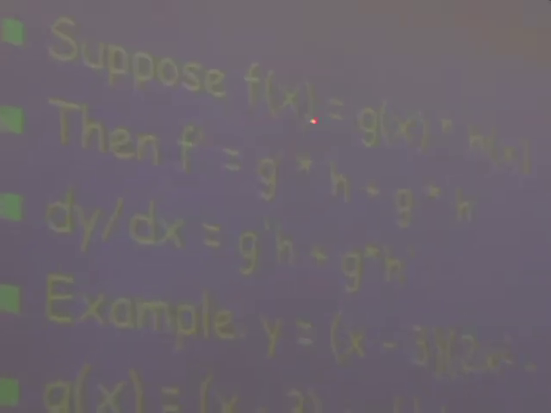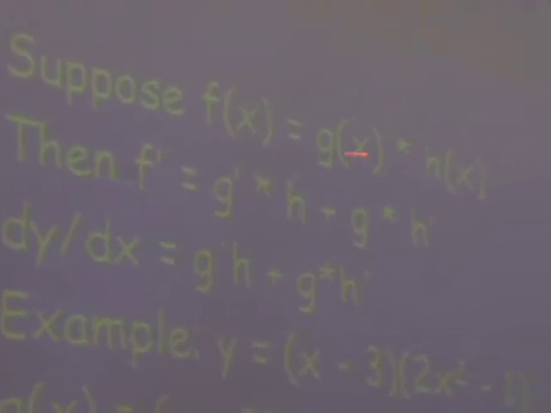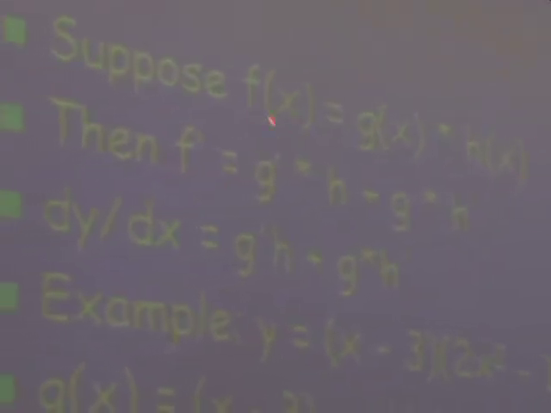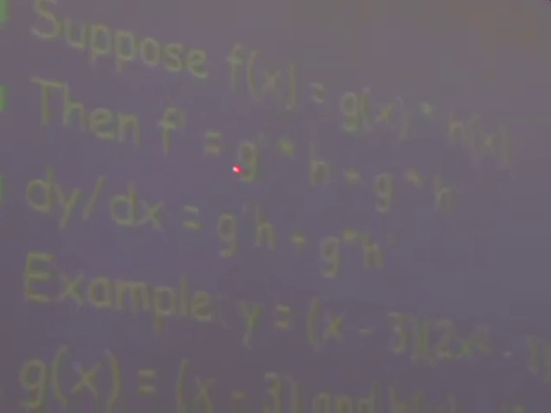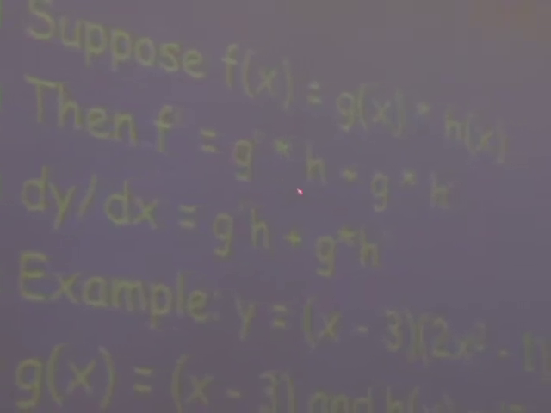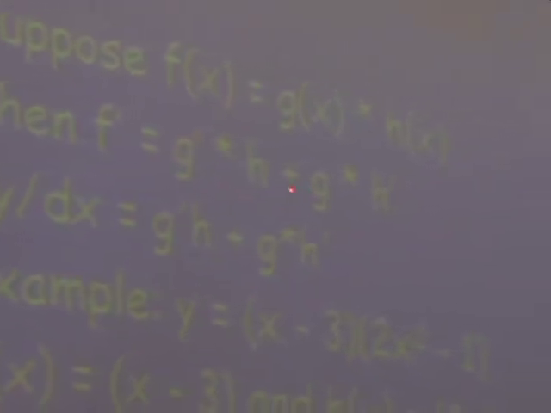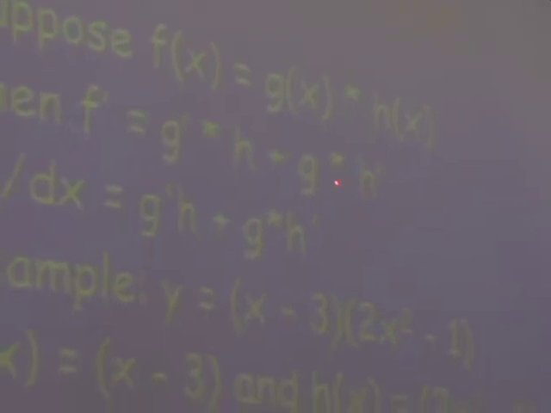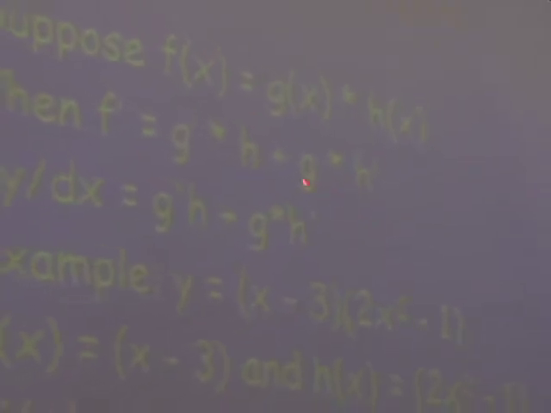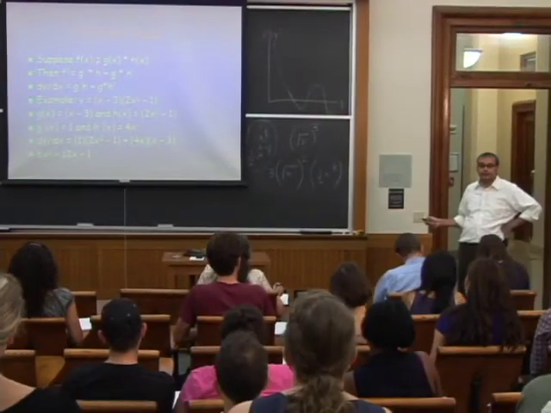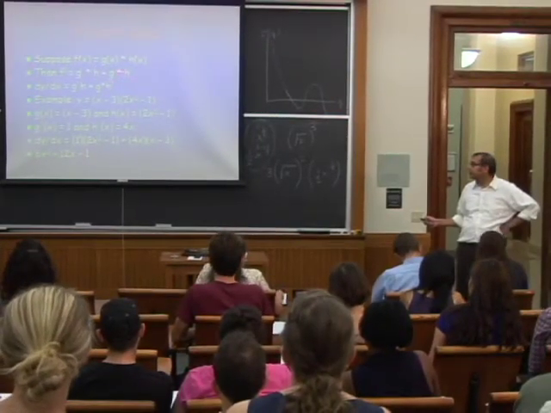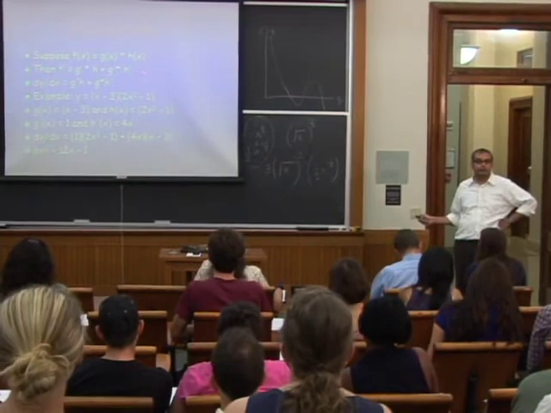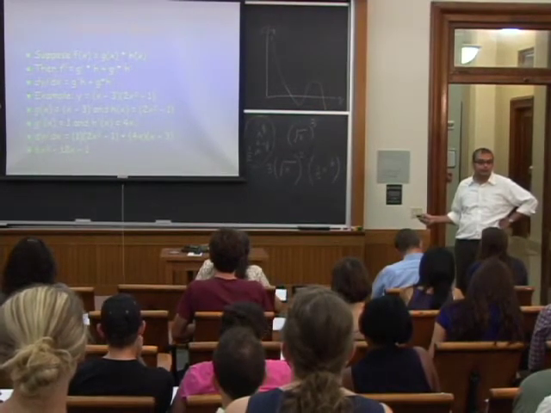The derivative of that product function, f prime, is the derivative of g times the function h plus the function g times the derivative h prime. Okay, and this, if you took calculus in college or high school, is probably one of the rules that you still remember.